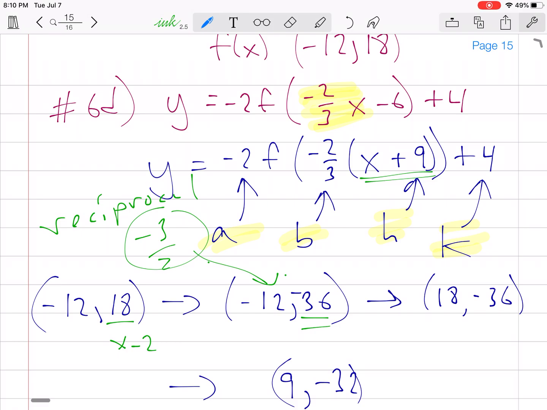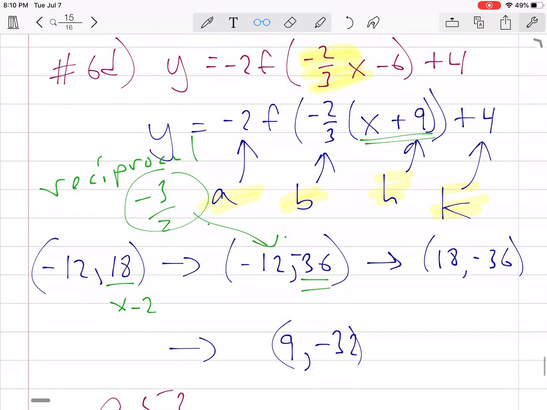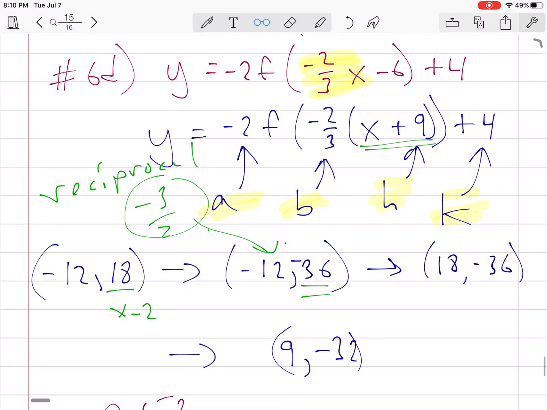And then you can worry about your translation. What's happening here is you're going left 9, so you take away 9 from 18, which gives you 9, and then you're going up 4, so you add 4 to negative 36, and that gives you 9, negative 32. So that's your transformed coordinate after putting it through that equation.